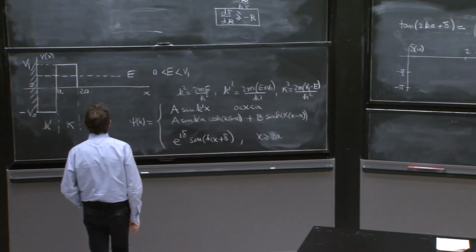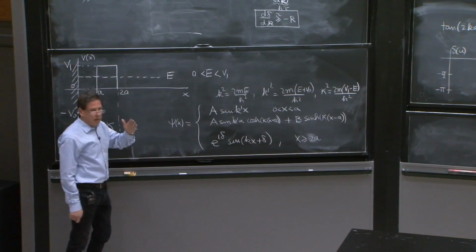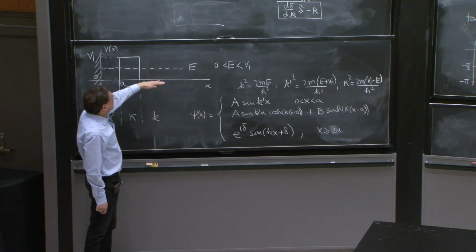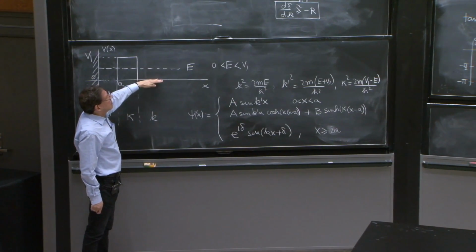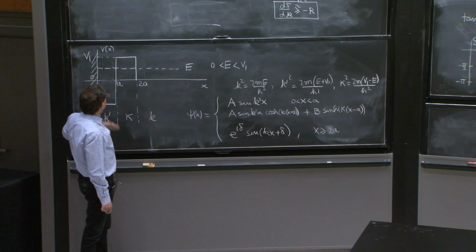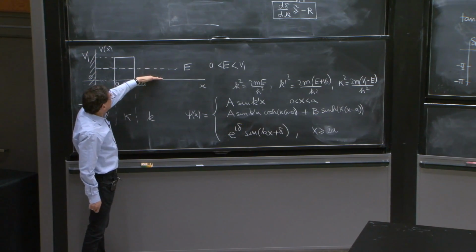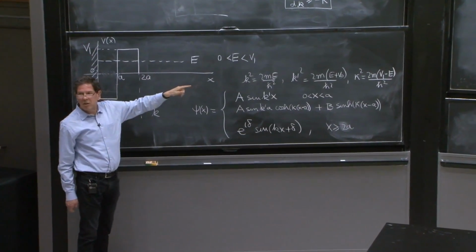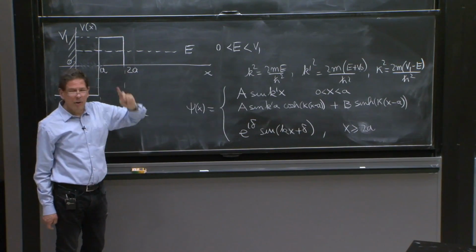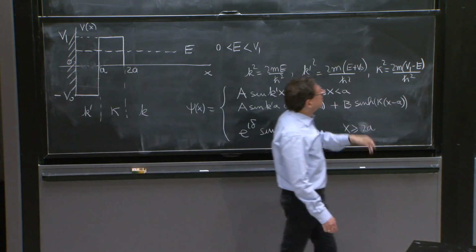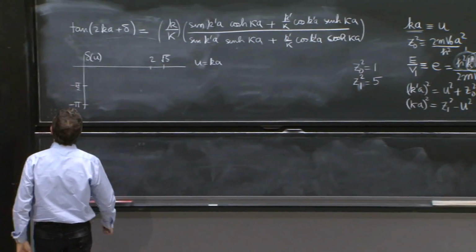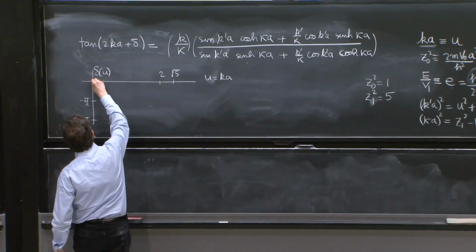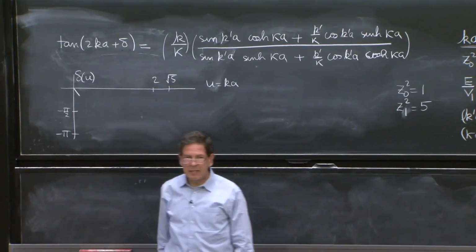It's possible to guess, actually, after you've solved this week's homework, you probably will have a good guess that the phase shift begins with minus 2 Ka, as if with very little energy you reflect back here. So there will be a shift that is calculable without doing any work. So it begins linearly, and it represents a time advance. So it goes linearly and negative. That's how it begins.